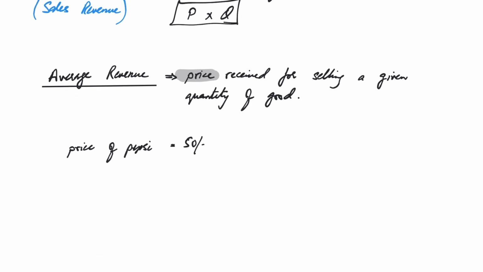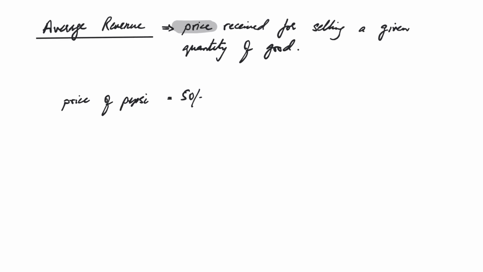Now let me prove how average revenue is the price. Let's go with the formula. What do you think is the formula for average revenue? So whenever we're doing average, average just simply means per unit. So you just divide it by quantity. Well, revenue निकाल रहे हैं तो total revenue divide by quantity. जो total revenue आ रहा है उसको divide कर दो by quantity. Revenue का formula is price into quantity.